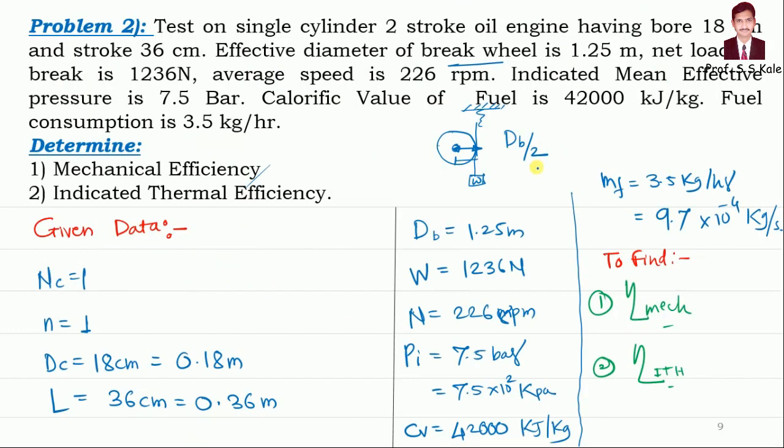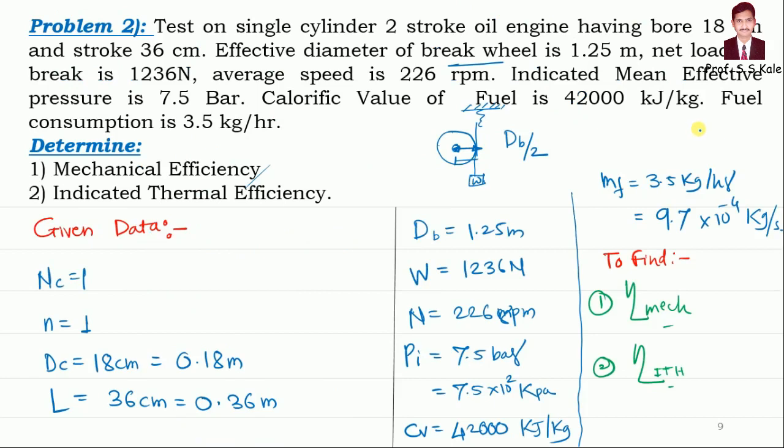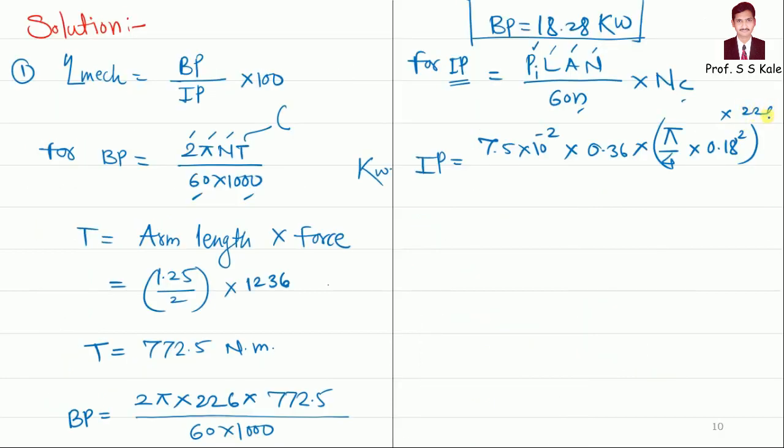What is the stroke length given to you? Stroke length is given 0.36. Diameter is given 0.18. So it's 0.36 into area. Area is pi by 4 d square. D is 0.18, just now we have seen it. Into RPM. What is the RPM given to you? RPM is 226, so 226 divided by 60.